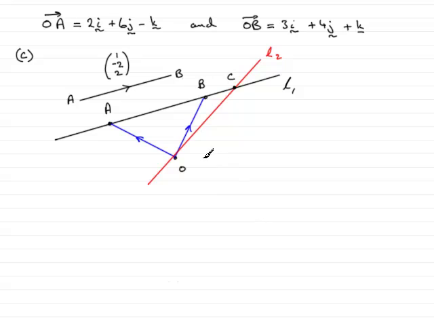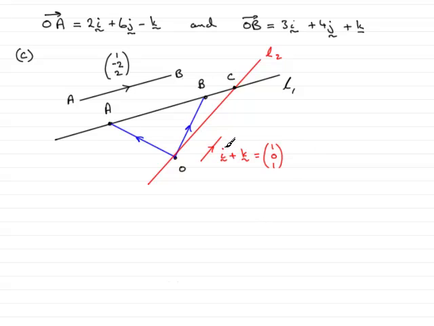So I'll draw a vector going in that direction, i plus k. There you go. i plus k is a column vector. I could have written it as 1, 0, 1 if you like.